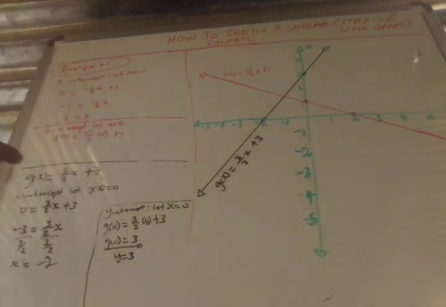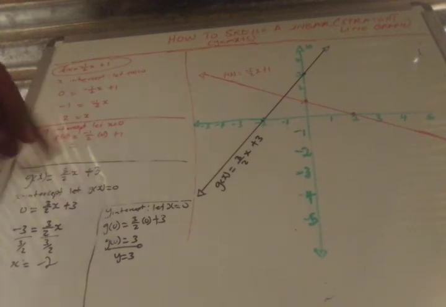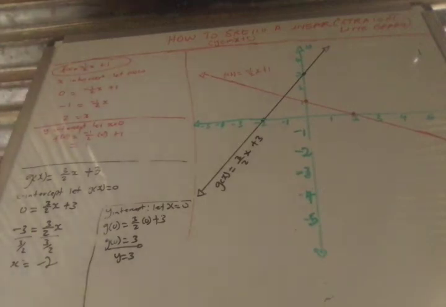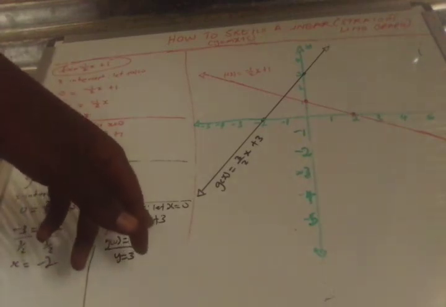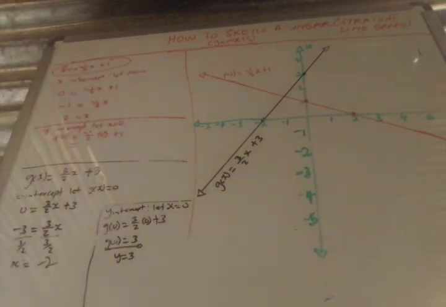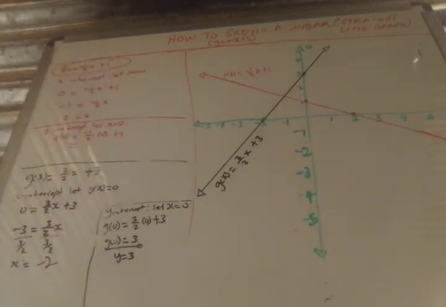Then to find the y-intercept, we let x be 0 in this function. We look for g of 0, which is 3 over 2 times 0 plus 3. 3 over 2 times 0 is 0, and 0 plus 3 is 3, so y is 3. This means that the graph of g will touch the y-axis at y equals 3.